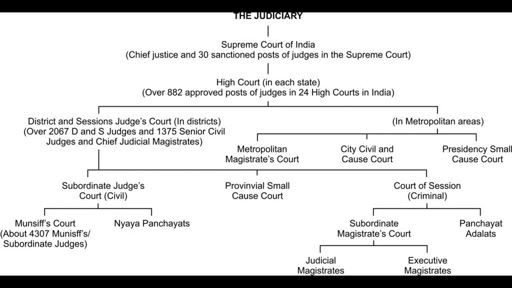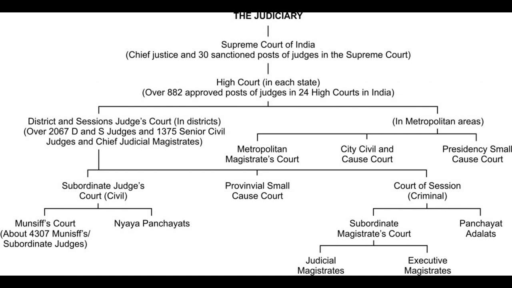Original jurisdiction. Cases which are brought directly in the first instance to the Supreme Court come under original jurisdiction. These may be disputes between the Government of India and one or more states, or disputes between two or more states. Then appellate jurisdiction.